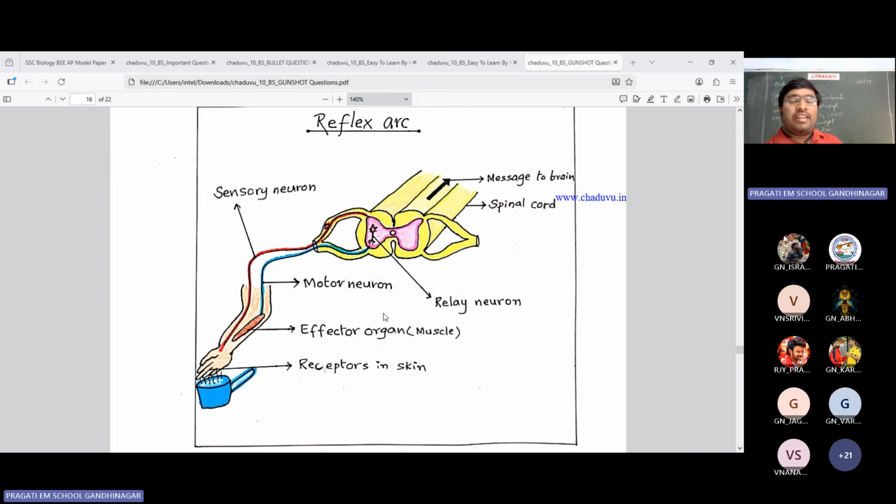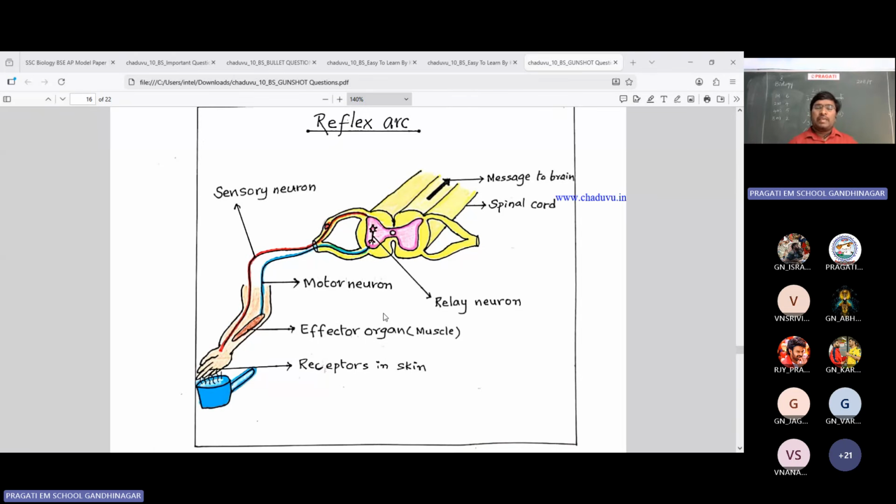Reflex arc. In this reflex arc, which is one of the involuntary actions, coordinated by the spinal cord, during reflex action the impulses are transmitted from the target organ to the spinal cord.